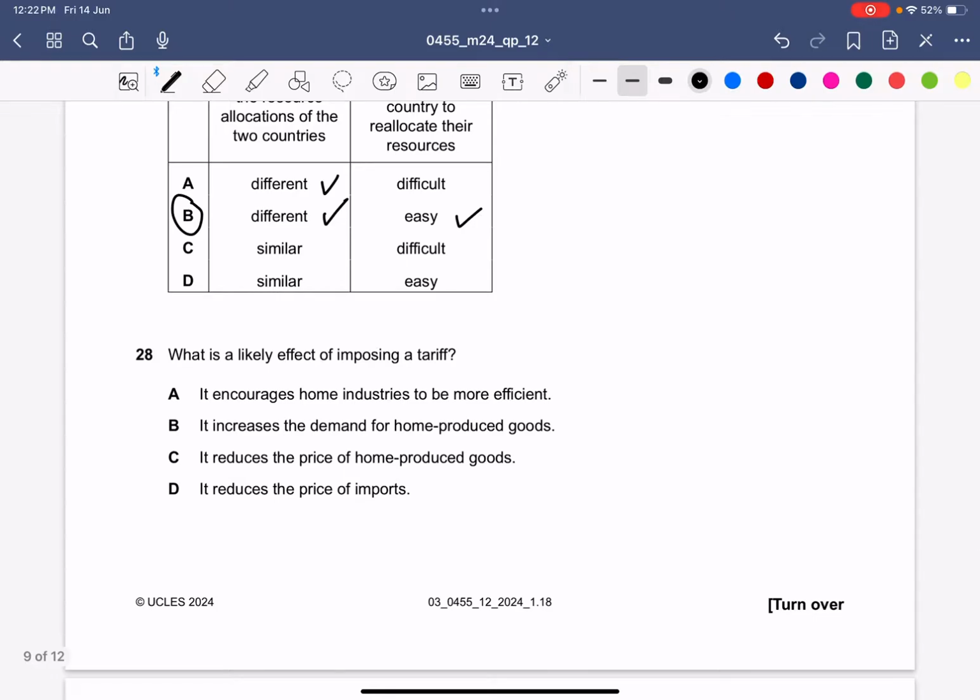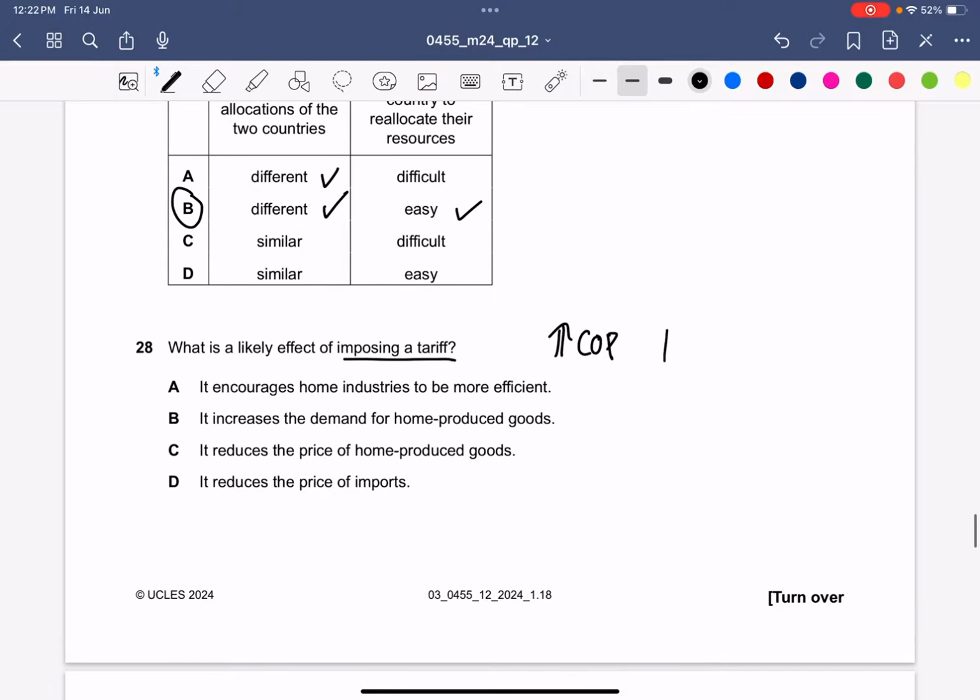28. What is the likely effect of imposing a tariff? When you impose a tariff, this will increase the cost of production of import goods. So the price of import goods increases.